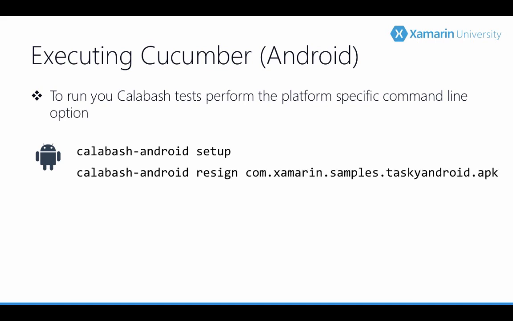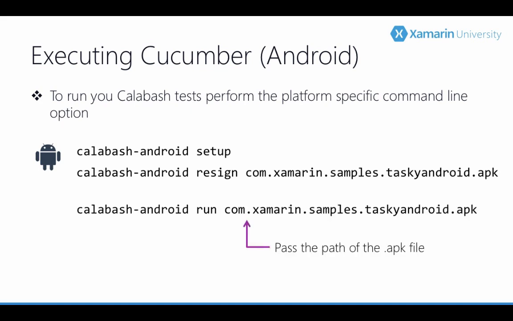After that, you'll need to reassign the APK file using the same key store as the test server. And this can be done by using the Calabash Android reassign, passing the APK as a parameter option, like you can see here on the slide. So use the Calabash Android with the reassign option, followed by the location of the APK file. You'll only have to do these two steps once in order to make sure the APK file is in the correct format.